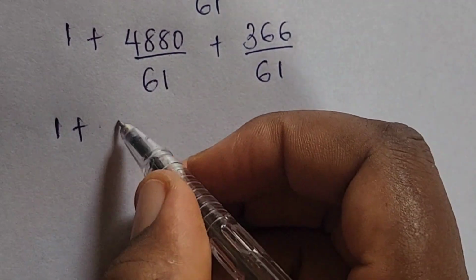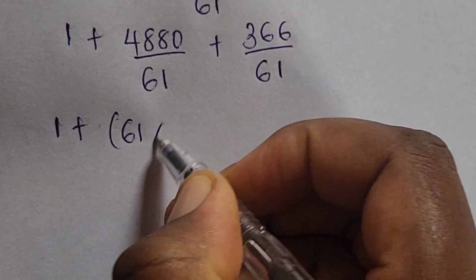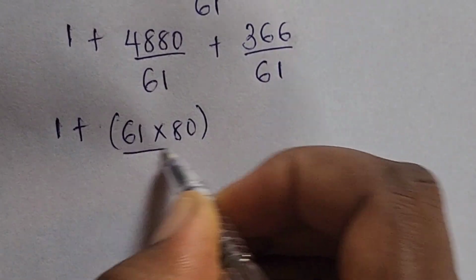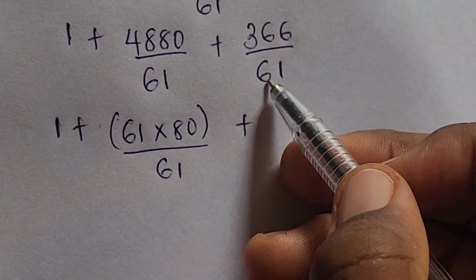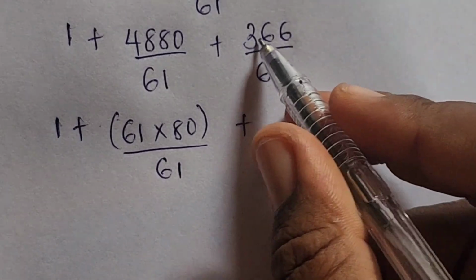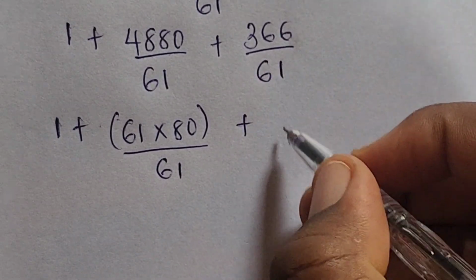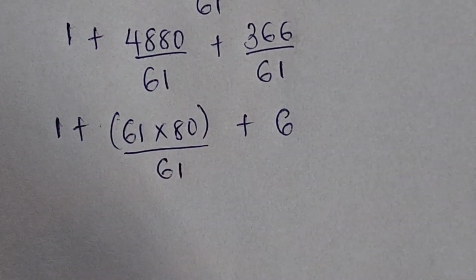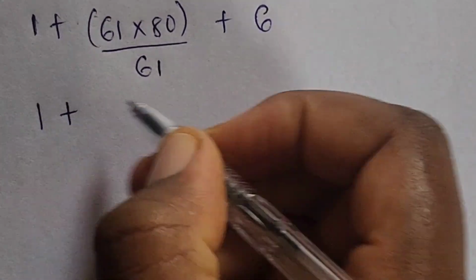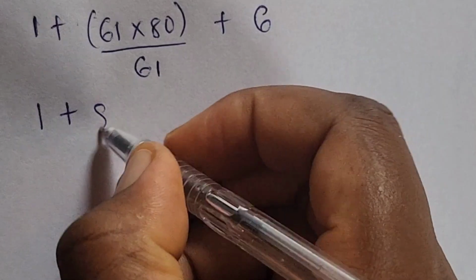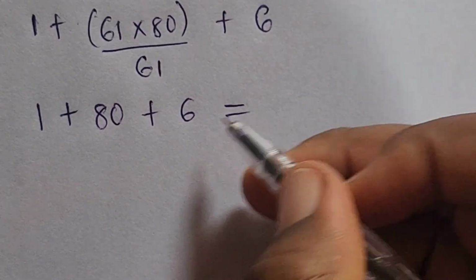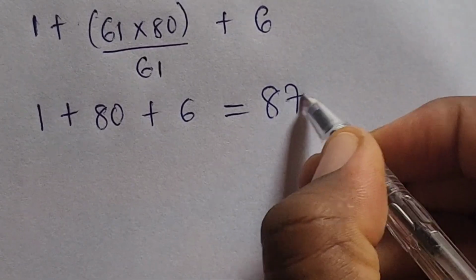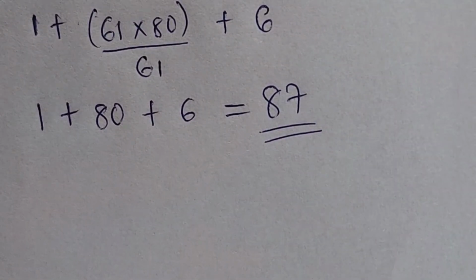Our 4880 is the same as 61 times 80 all over 61. Plus, when we divide this here, we have 366 divided by 61. We have 6. So we have 1 plus, this will cancel out this, we have 80 plus 6. And when we sum this up, we have 87. So that is our answer.